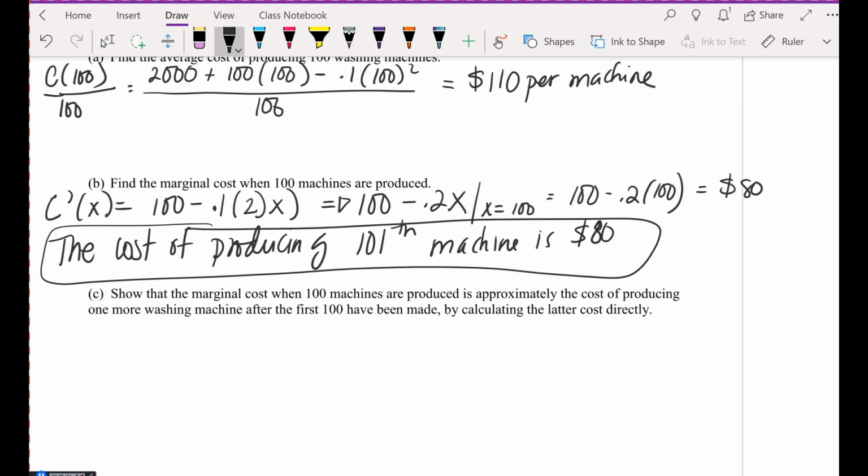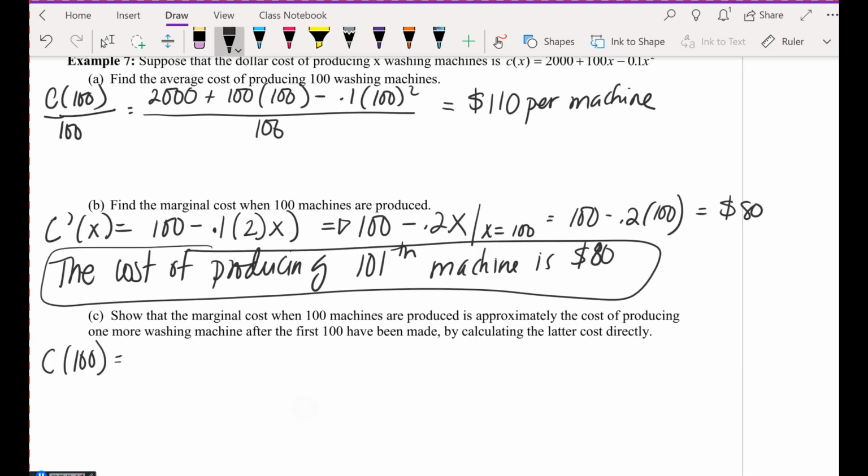So I would like to know, what's the cost of producing 100 machines? Total cost. Do we know how to find it? Yes. What is it? We did it already. 11,000.